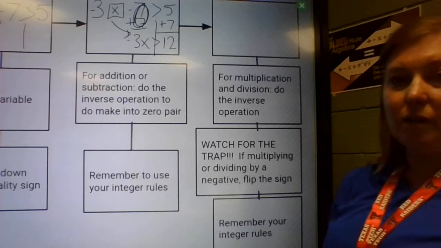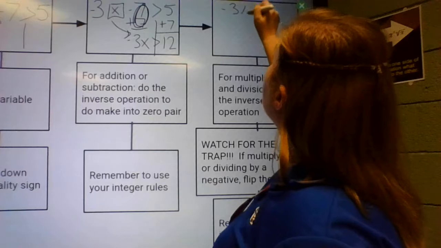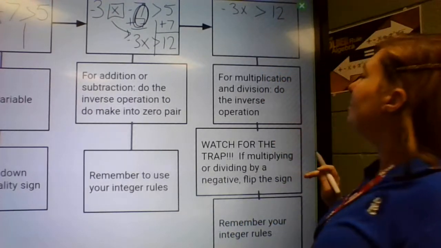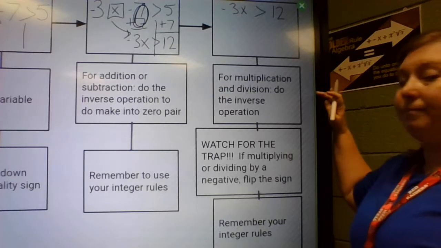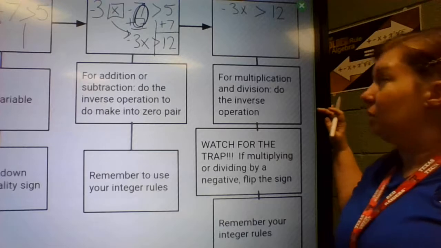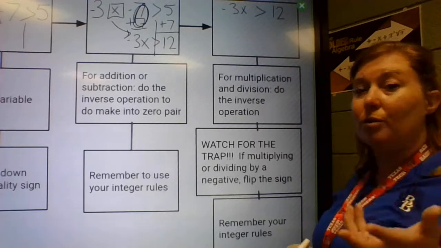All right, our next one here, I now have negative 3x is greater than 12. For multiplication and division, I'm going to do the inverse operation, so the opposite operation. This is side by side, they're multiplying, so I'm going to do the opposite action, which is divide.